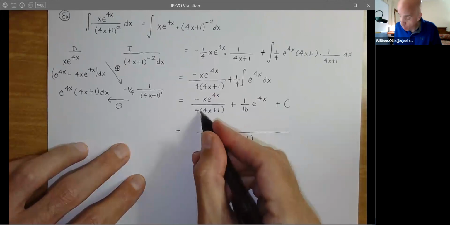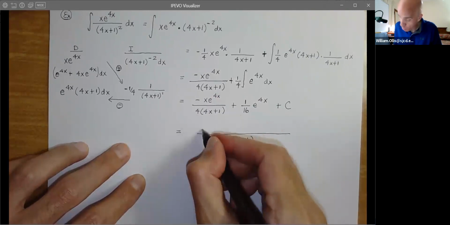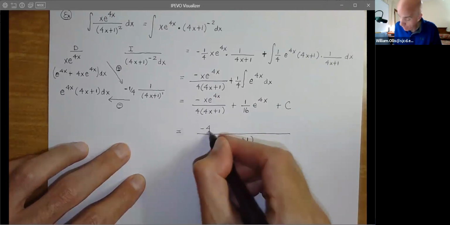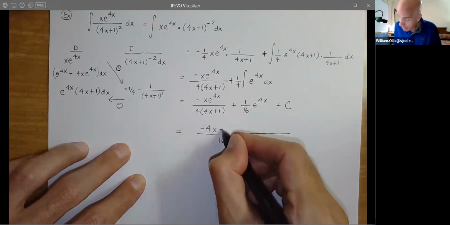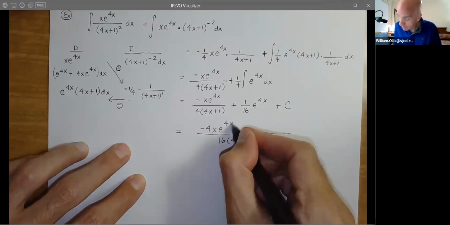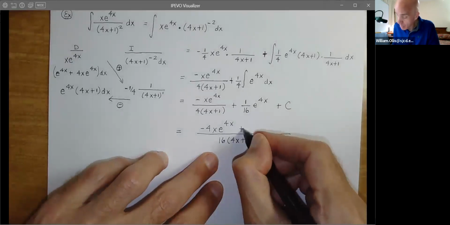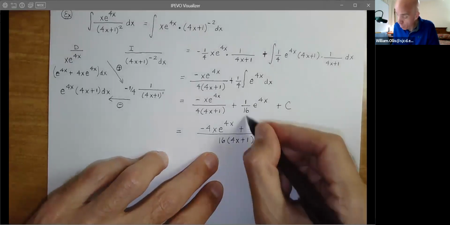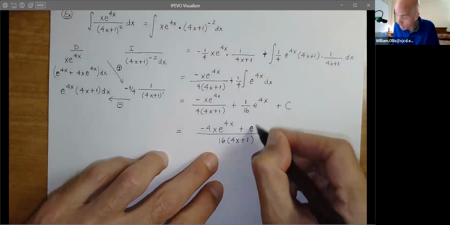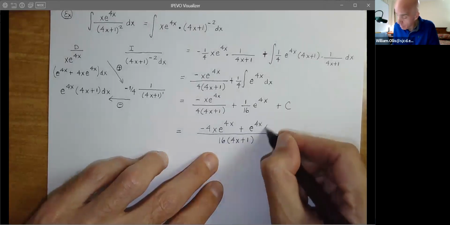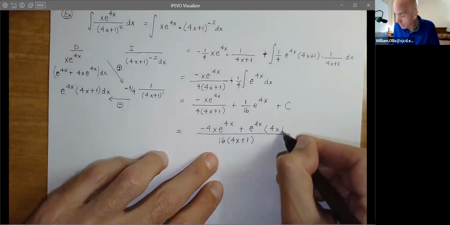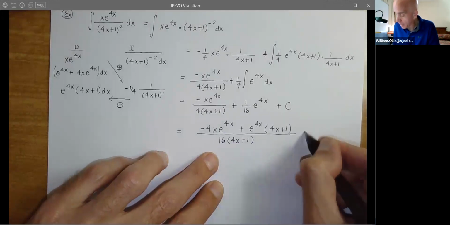So again, we need the 4 here. We got the 4x plus 1, so that'll be minus 4x e to the 4x. And then here, we just have plus. So we got the 16, but not the 4x plus 1, so we have e to the 4x times 4x plus 1. Just getting a common denominator.